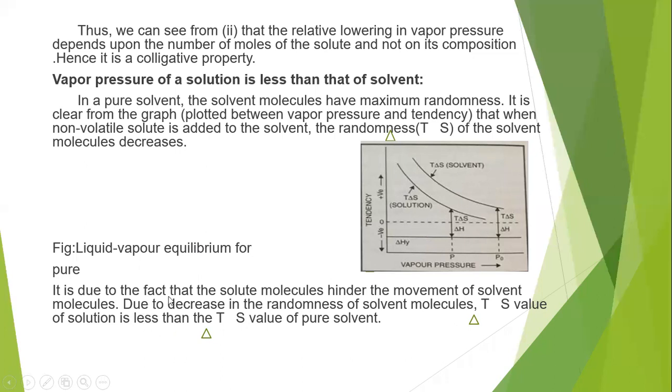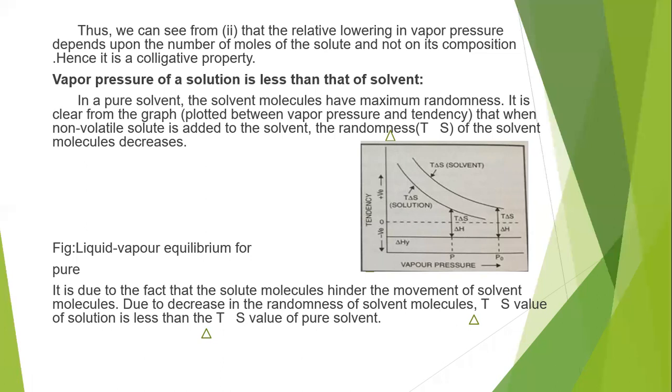Why? It is due to the fact that the solute molecules hinder the movement of solvent molecules. Whenever we add solute to the solvent, the solute molecules present in that solvent hinder the movement of the solvent molecules, so their movement decreases.